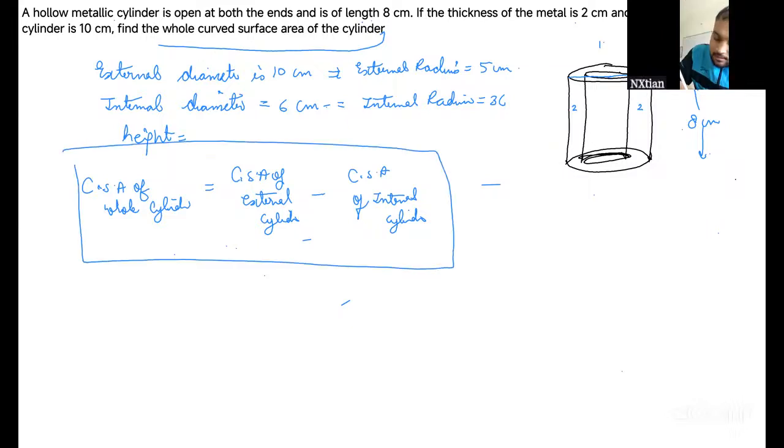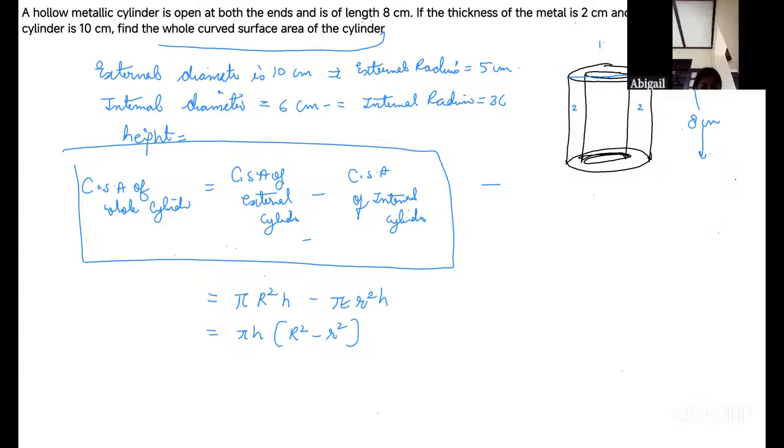External cylinder means external diameter one. So what is the CSA? Pi r square h. Yes. So pi into capital R into h minus pi into small r into h. I will take out pi and h as common, so it is capital R square minus small r square. Did you understand?